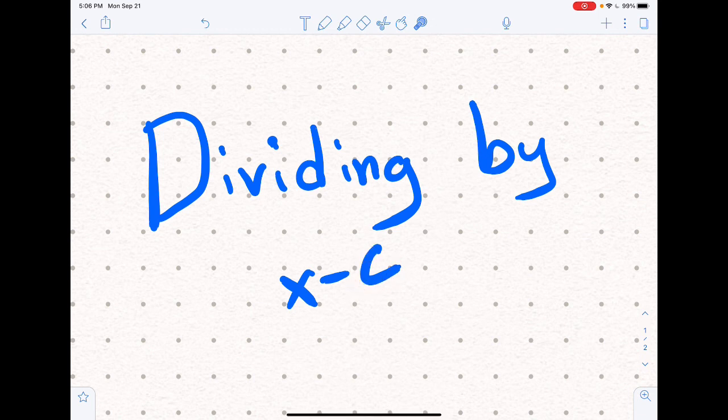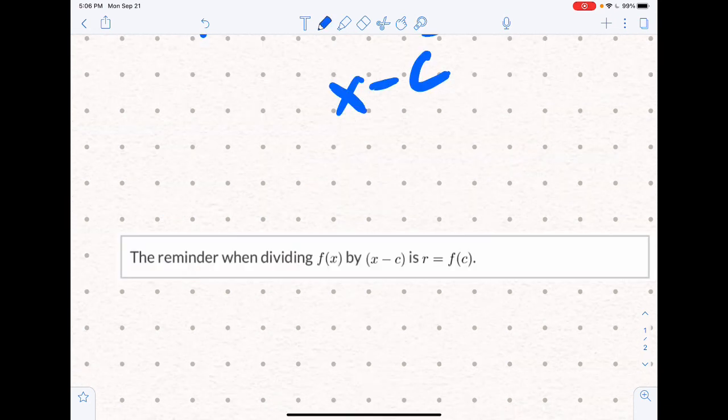And the reason that we do this is the following. We divide by x minus c because that tells us something interesting about what happens to the function when we plug the number c into the function. This fact is called the remainder theorem.